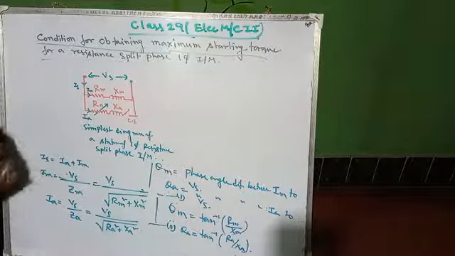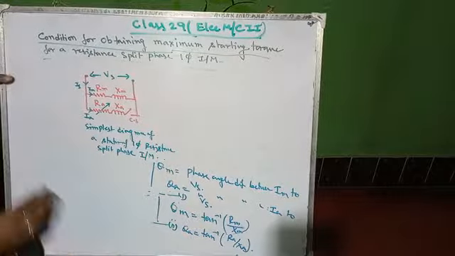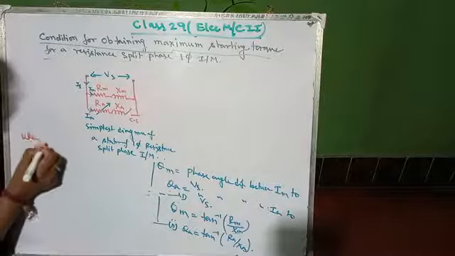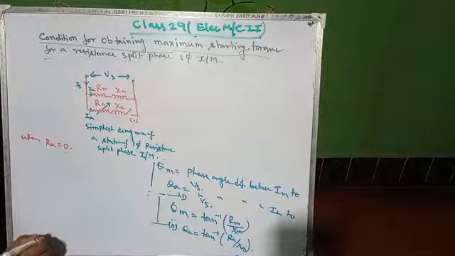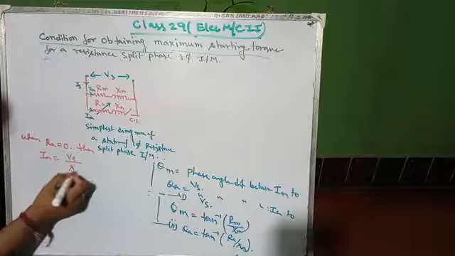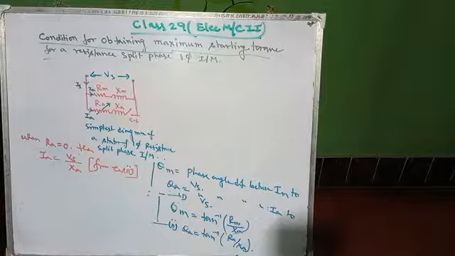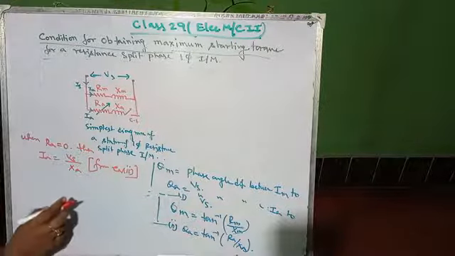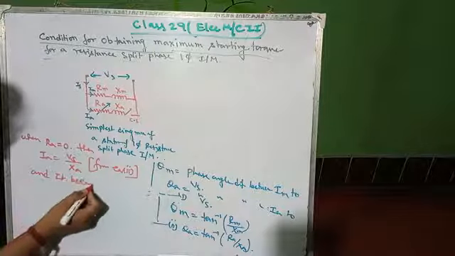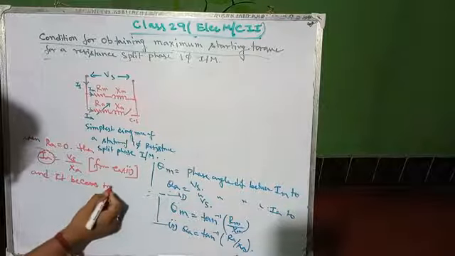Now write, when Ra equals 0, then from equation 2, Ia equals Vs by Xa. It means Ia becomes maximum.